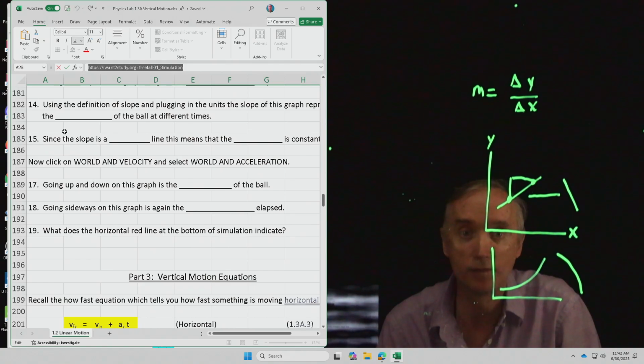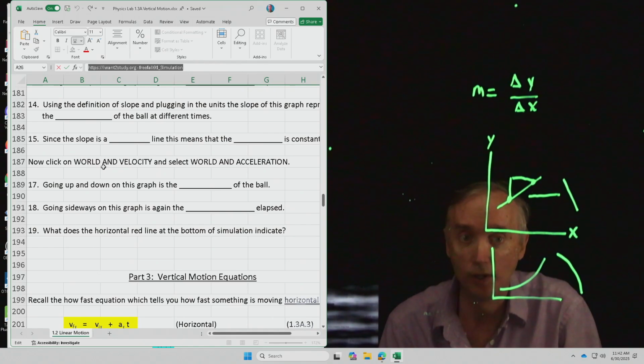So the slope of that graph represents the what of the ball at different times. Okay, and then answer number 15, since the slope is, is it a curved line or is it a straight line? This means that the what is constant. Okay, so go ahead and put that in there.